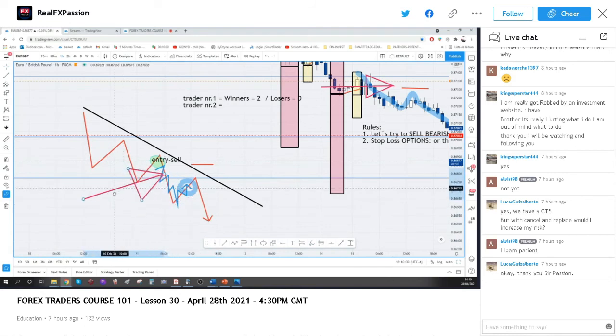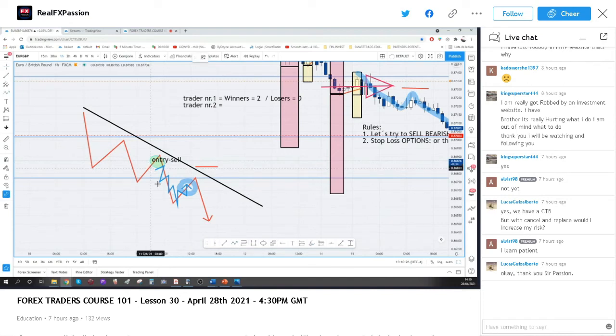Agreed? Okay. So I can choose as a beginner trader to move my stop and manage my trade according to the downtrend line. It's an option. It's a choice, right? But if I find out that my entries are not that good, what does this mean?